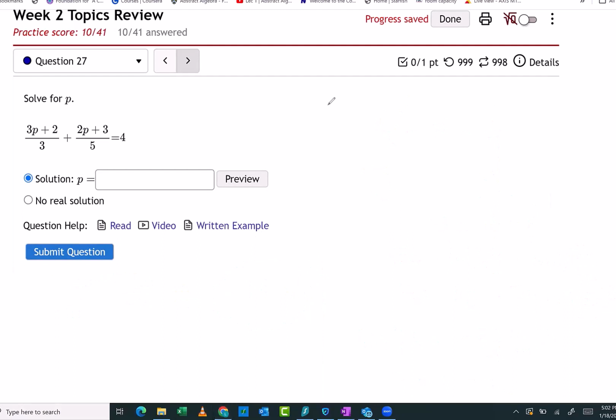We start with 3p plus 2 divided by 3 plus 2p plus 3 divided by 5 equals 4. When we have fractions, we have to get a common denominator.